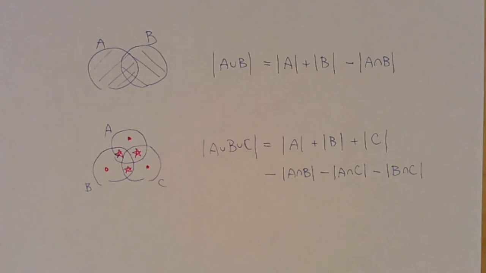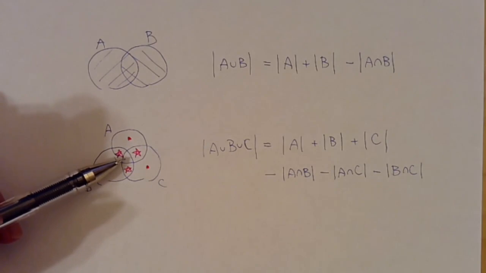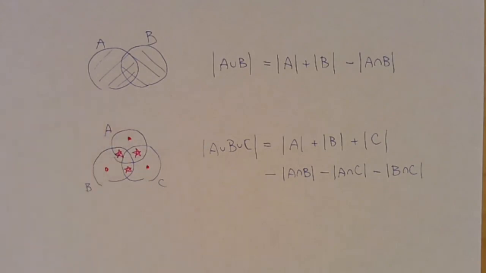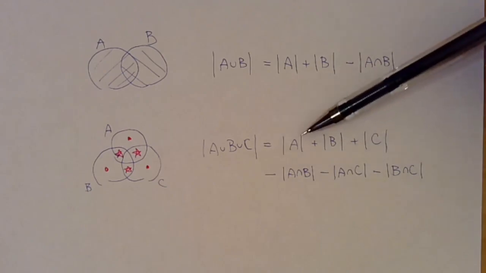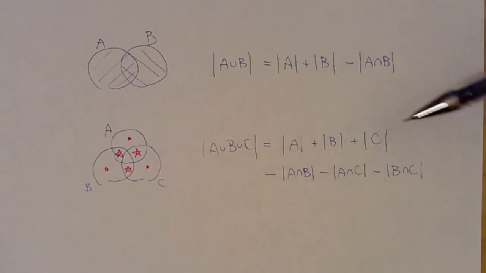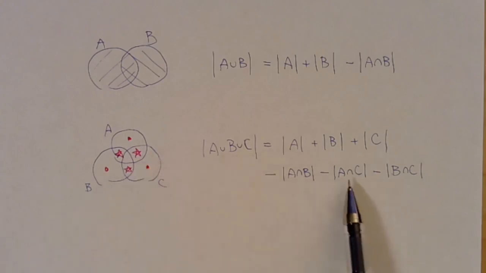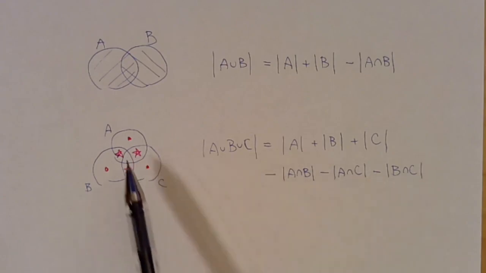But as we're doing that, what about that triple intersection in the middle right there? Let's think just for that region, how many times we counted it. We counted it once in here, A, B, and C, so we counted it 3 times in that intersection. And then when we subtracted it, here, A intersect B, we subtracted it once, second time, a third time. So we subtracted out the middle 3 times.